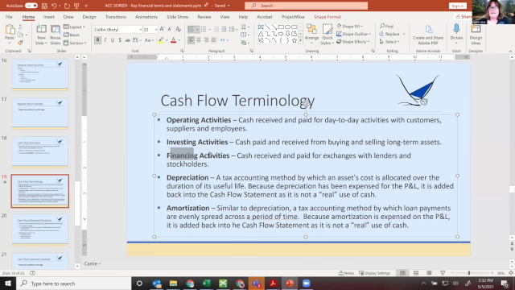So the financing activity represents something that every small business will have if they have an owner, which they do. And it tells us where our cash position is. For example, if the owners have agreed that they want a dividend at the end of the third quarter, then this section would show that if you ran the cash flow statement for that period that included that quarter.